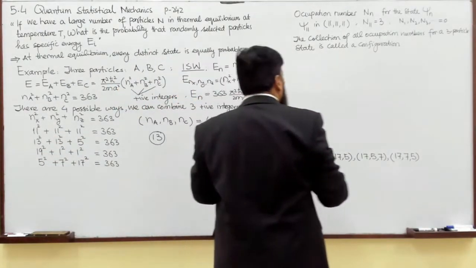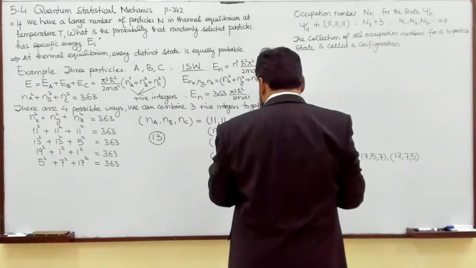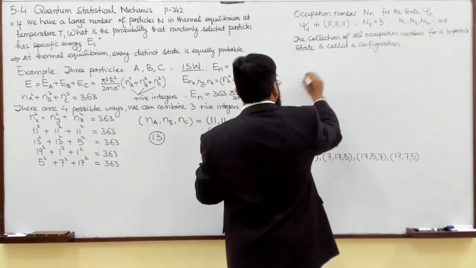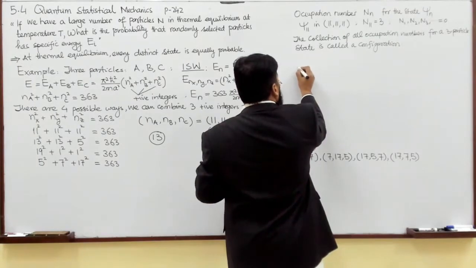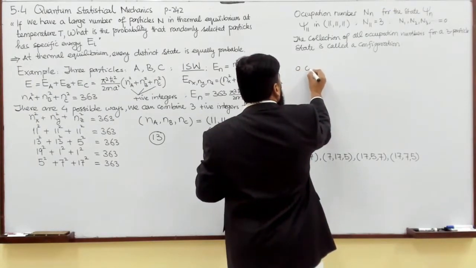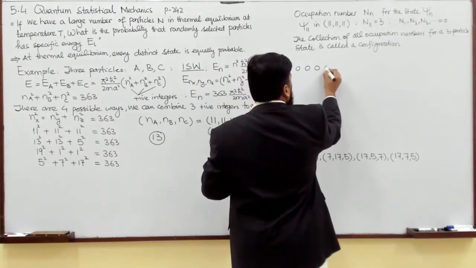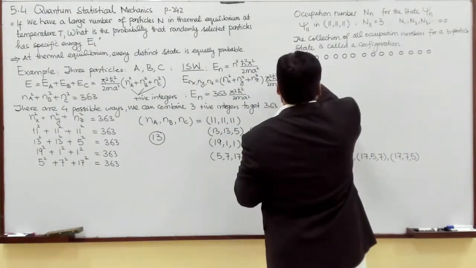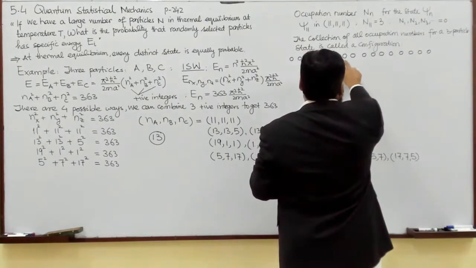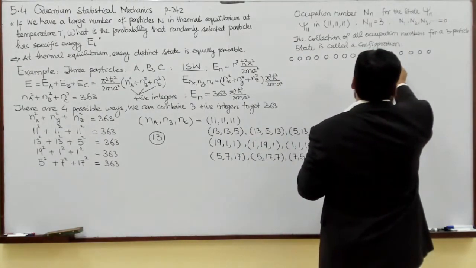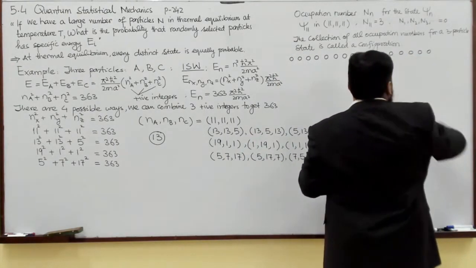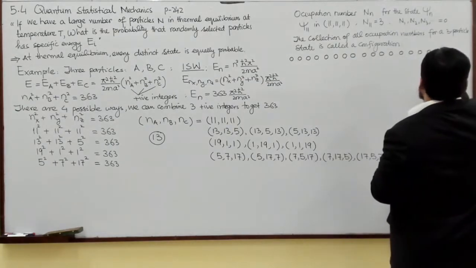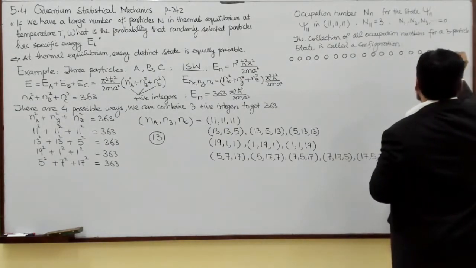So let's start with 19 slots here, and this is 1, 2, 3, 4, 5, 6, 7, 8, 9, 10, 11, 12, 13, 14, 15, 16, 17, 18, and 19.